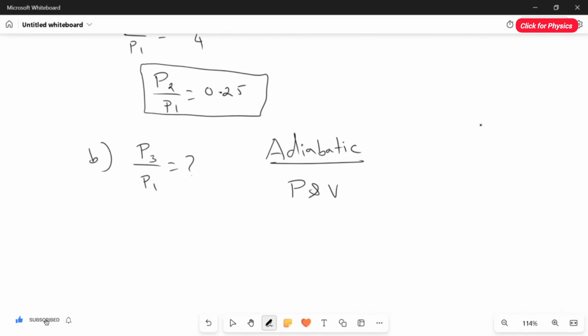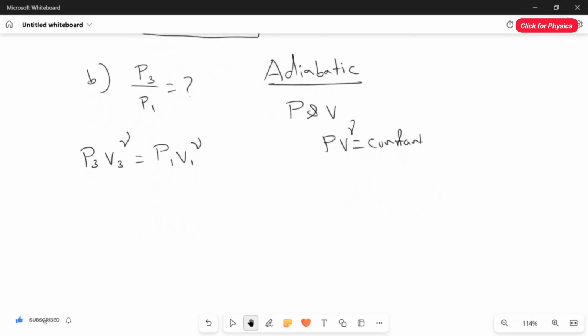We studied PV gamma equal to constant. Am I right? We studied the theory. So I'm going to apply this rule for points 1 and 3. Based on that we can write P3 V3 gamma equal to P1 V1 gamma, and I'm going to separate pressure on one side, volume on the other side.